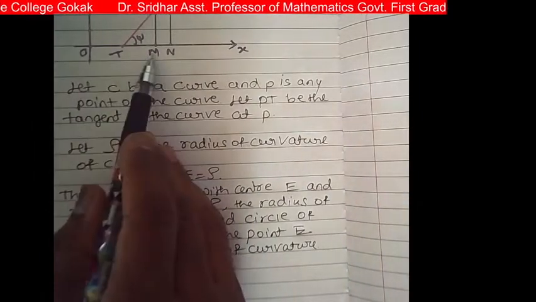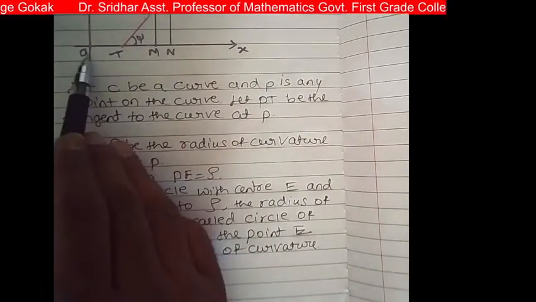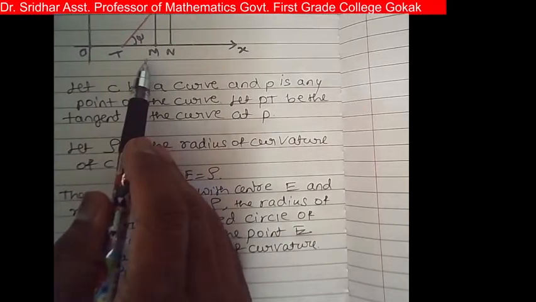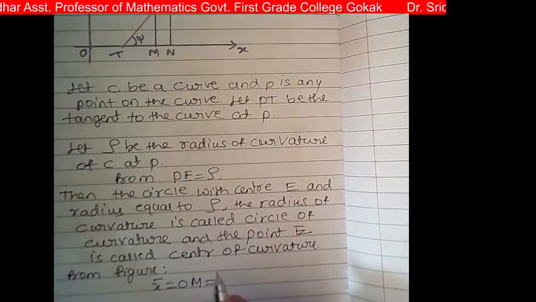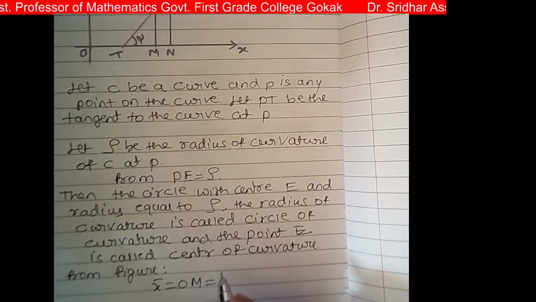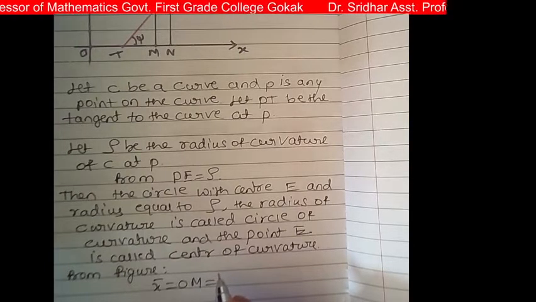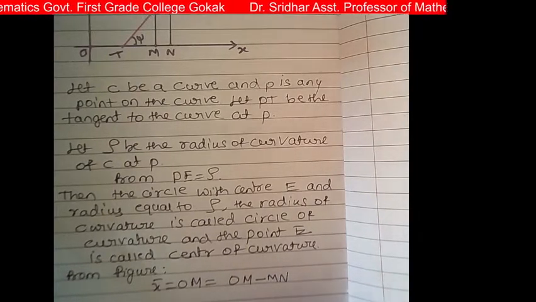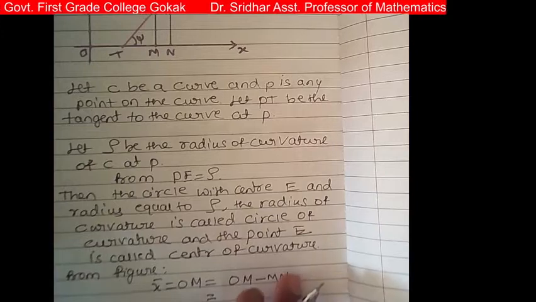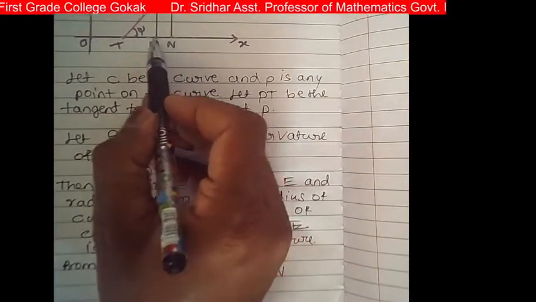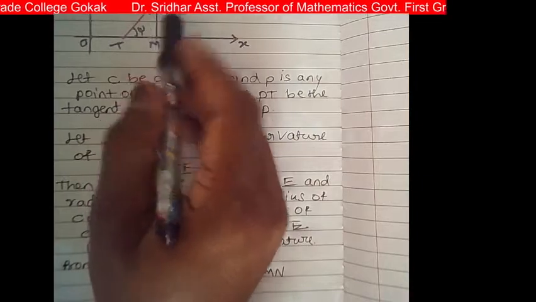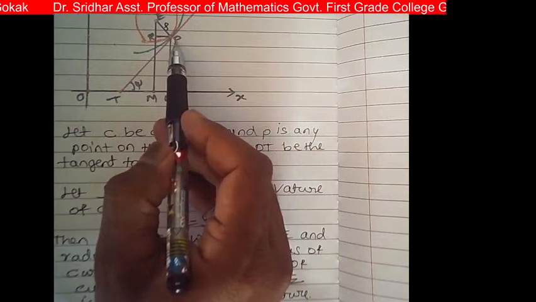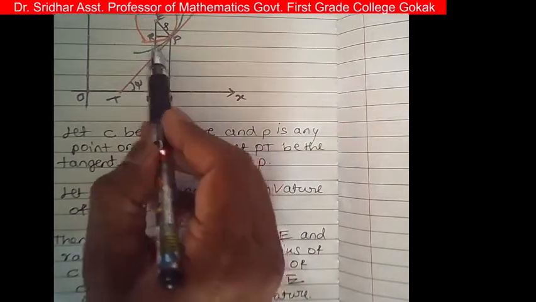And again this OM is nothing but ON minus MN. Now this MN is the same as RP.